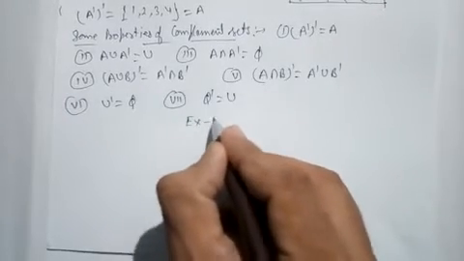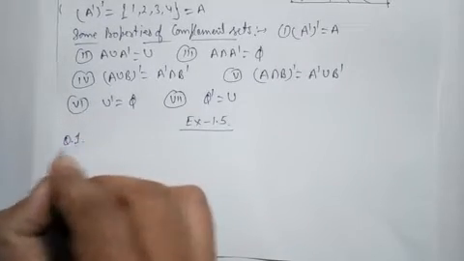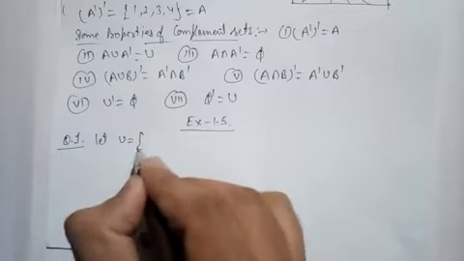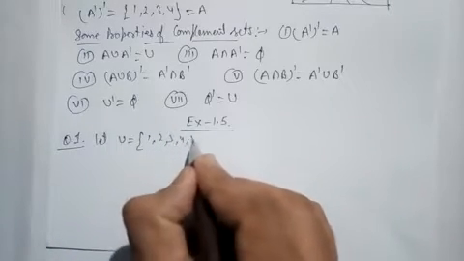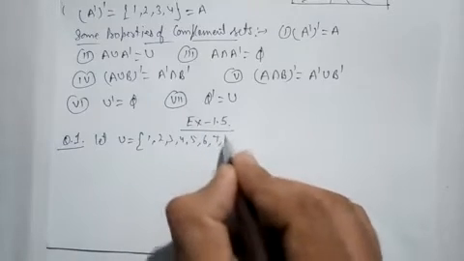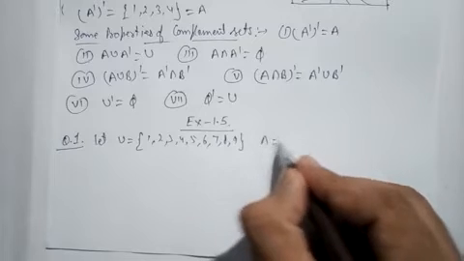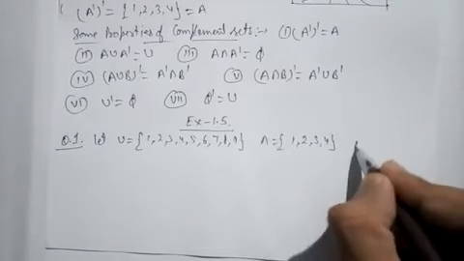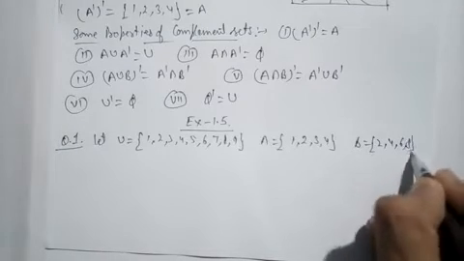Now exercise 1.5. Question number 1. Let U equal 1, 2, 3, 4, 5, 6, 7, 8, 9. A equals 1, 2, 3, 4. B equals 2, 4, 6, 8.